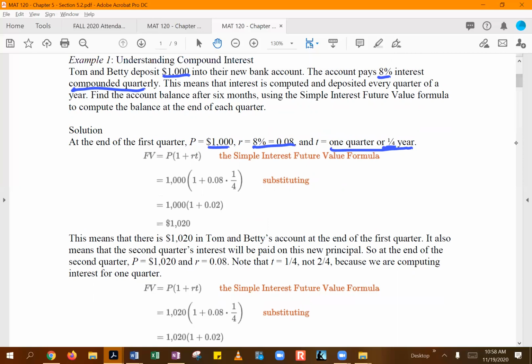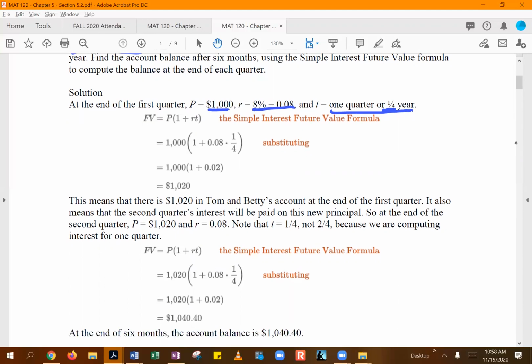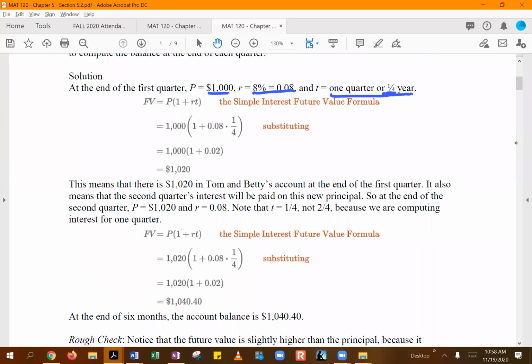So using the future value simple interest formula, we take our principal times 1 plus 0.08 times 1/4. 1/4 is your time, 8% is our interest. When you break 8% up into 4 equal parts, for each quarter you would be getting a 2% interest rate.